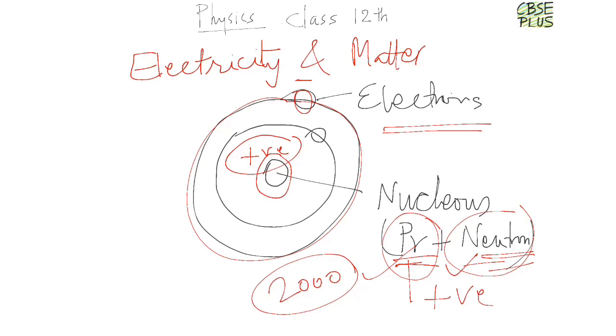Now inside the nucleus, protons and neutrons are tightly bonded. This is the nuclear bond, which is very powerful when compared to the electric bond between the electrons and the nucleus. So nuclear bonds are very powerful.